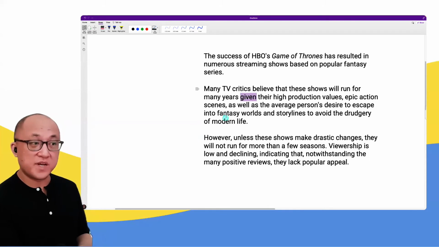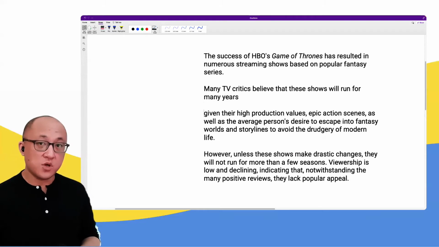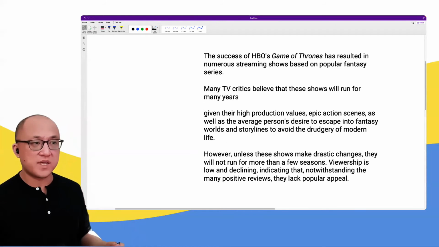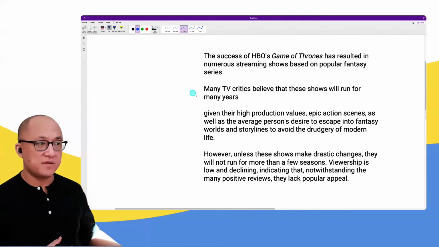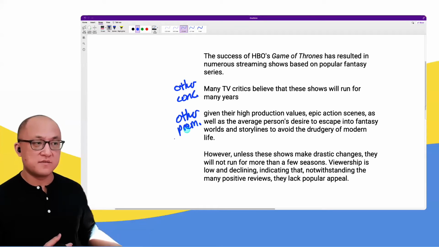Exactly. So Raina's saying because? Yeah, because is a good replacement. So does that make sense here that within that sentence, you have two different roles? We have the other person's conclusion, really, and let me just write this out here. This is other, I'll use other conclusion. And then right here, this is other person's premise. All right.